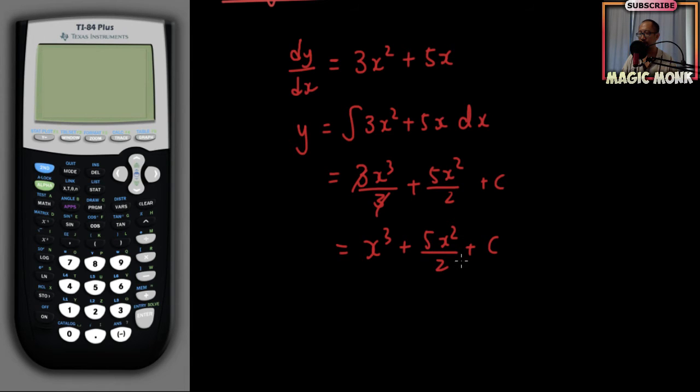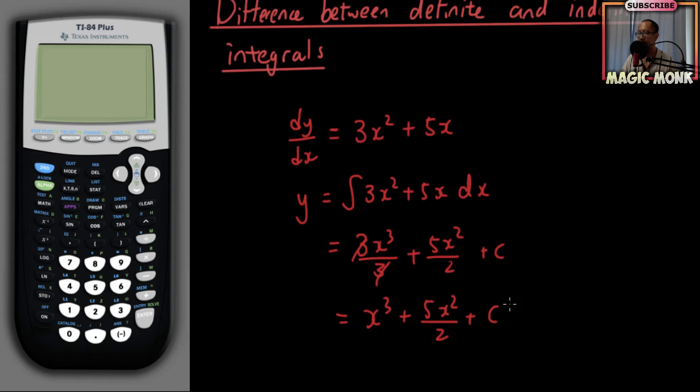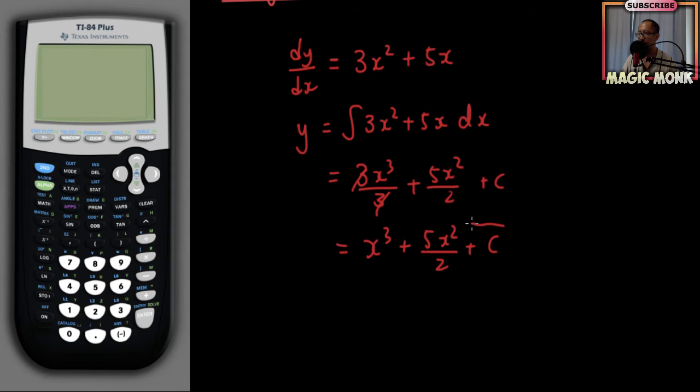So now if we try and graph that, we won't be able to find out exactly what c is. So c is what makes this an indefinite integral, because c can be anything. c is unknown. Because we don't know what c is, this is not definite. So that's why we call it indefinite.